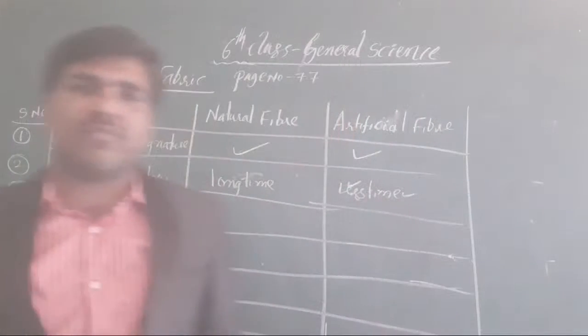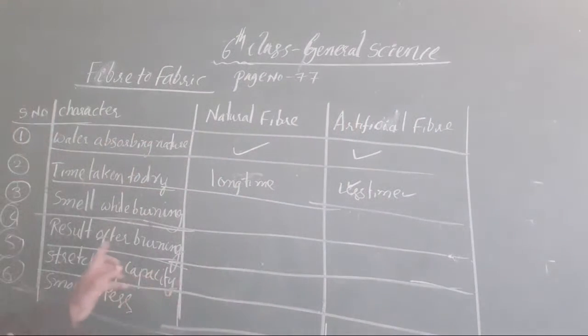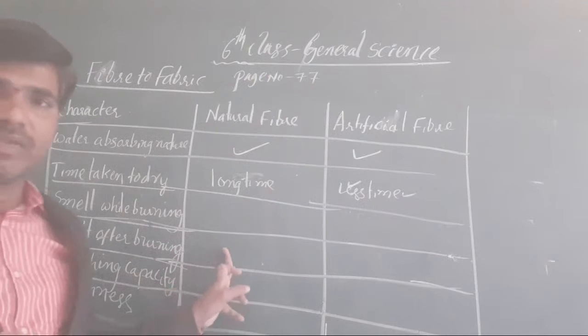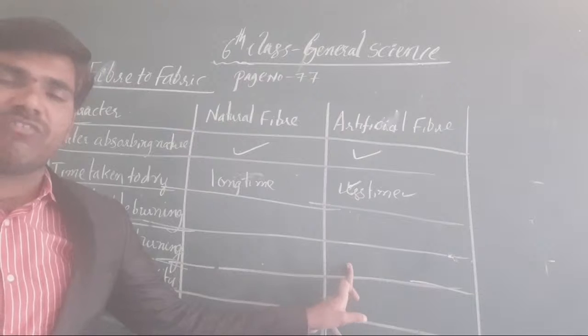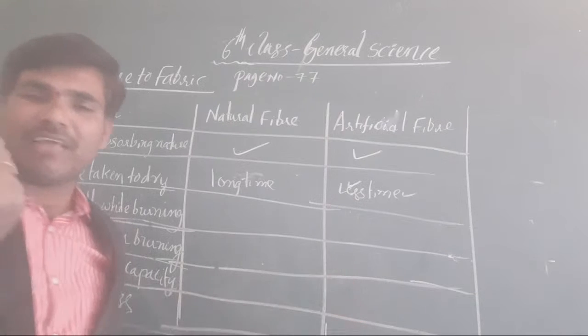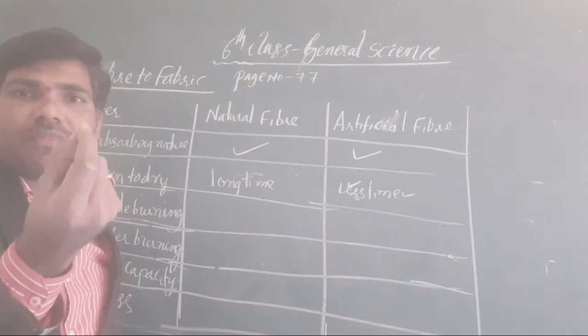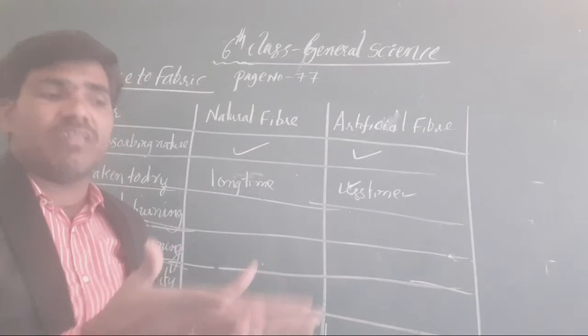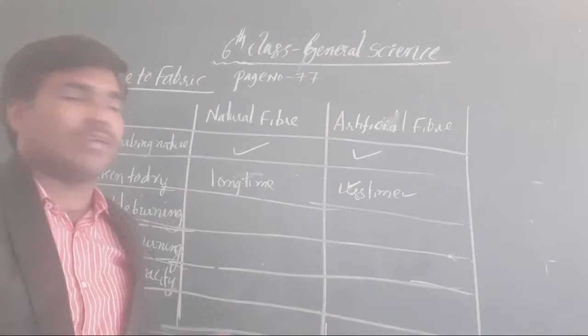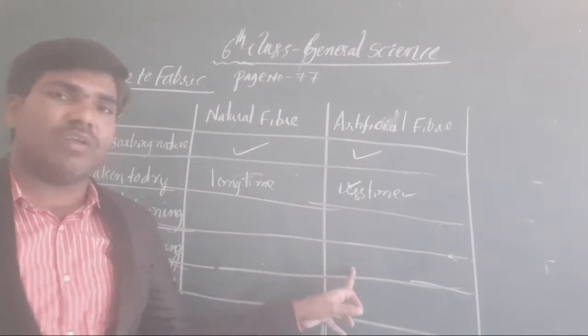After the burning, we don't get ash like that, but like when we burn plastic, there is a liquid. Not all of it melts, but melted things are what we get for artificial fiber.